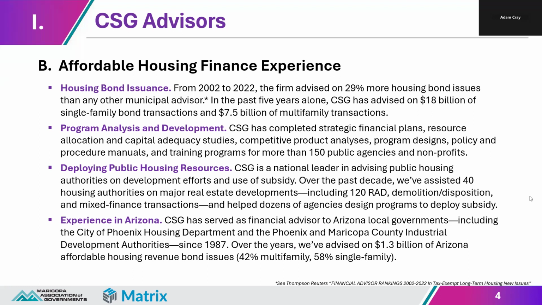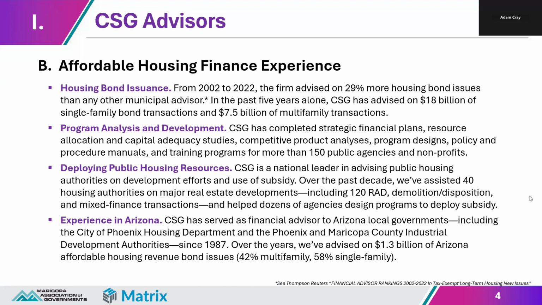In terms of volume, between 2002 and 2022, we advised on 29% more issues than any other advisor. We also focus heavily not just on bond issuance, but on program development, the sorts of programs that you all may be interested in creating after sitting through this presentation.